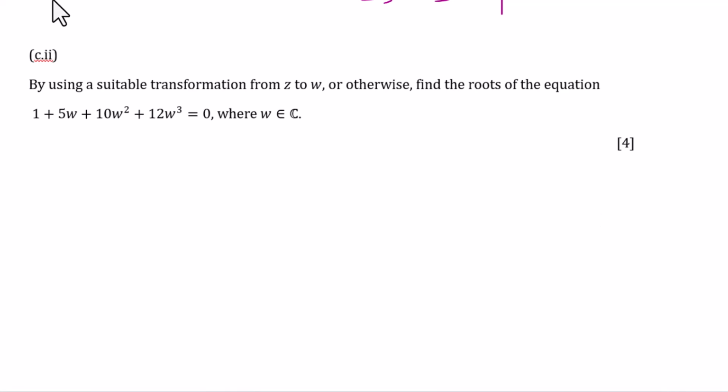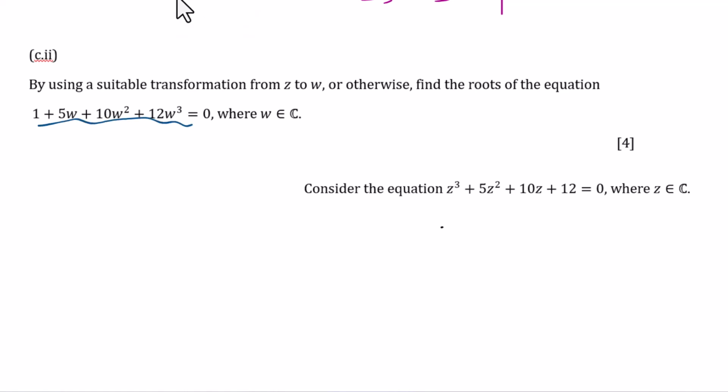By using a suitable transformation from z to w, or otherwise, find the roots of the equation 1 plus 5w plus 10w squared plus 12w cubed equals 0, where w is a complex number. Let's compare these two equations. z to the third power is changed into 1. Therefore, divide both sides by z to the third power.